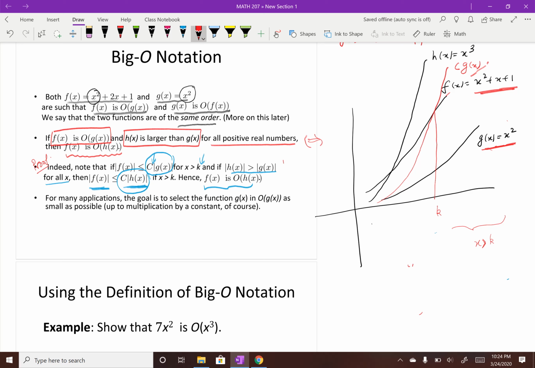Okay, but when we talk about the big O notation, we talk about the upper bound. So every function which is greater than this g of x, if you have the result that f of x is big O of g of x, so every function h of x which is bigger than this function g of x is going to satisfy this relation that f of x is also big O of h of x.